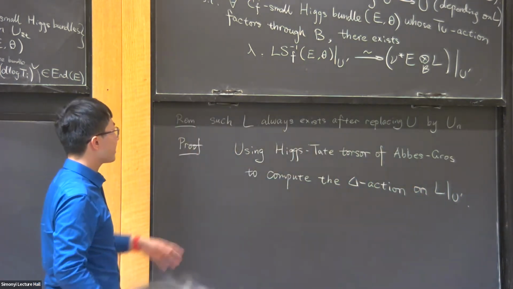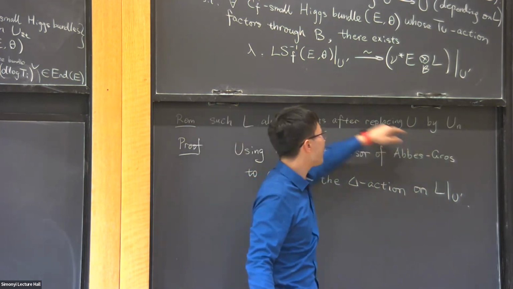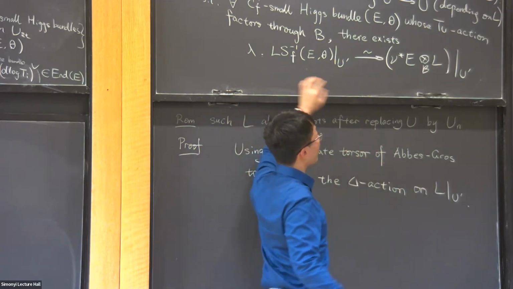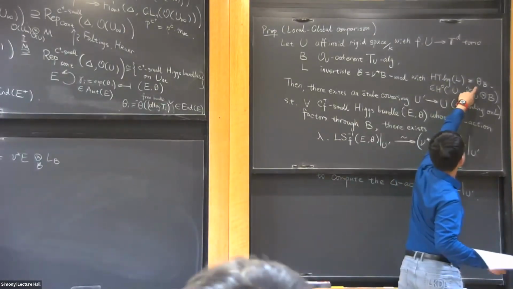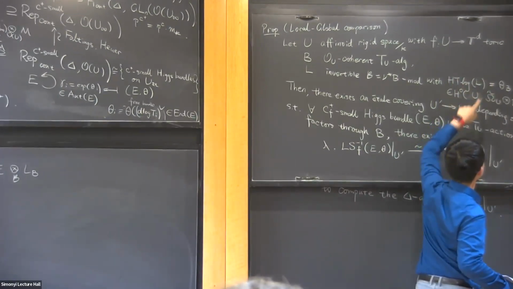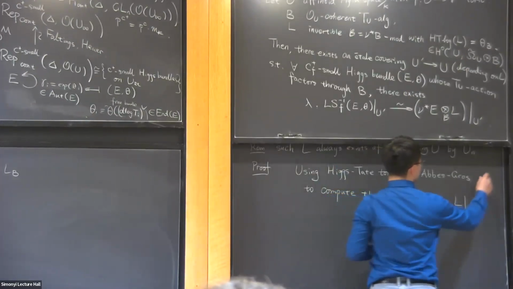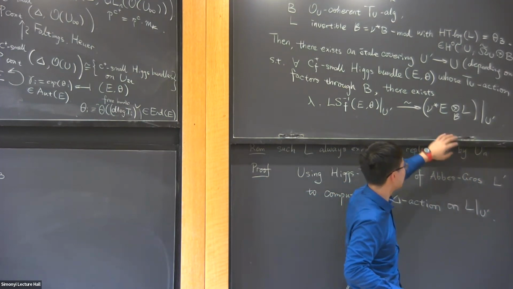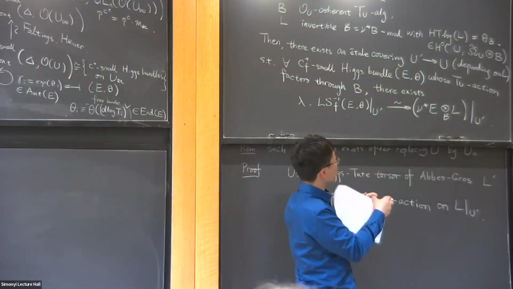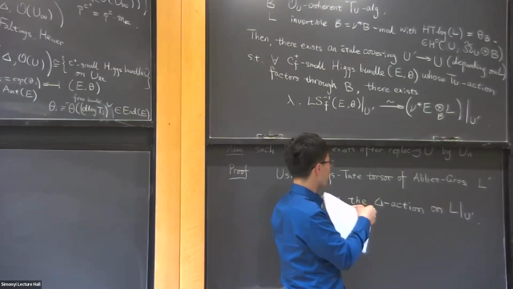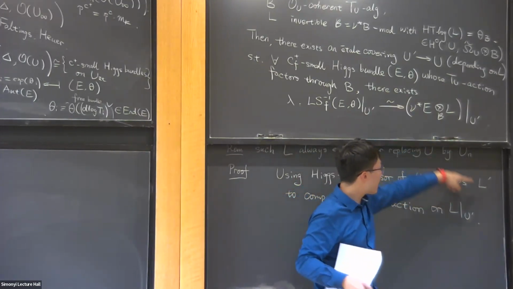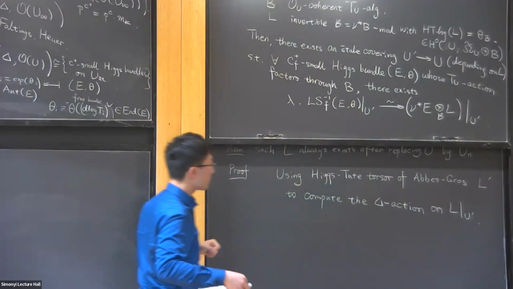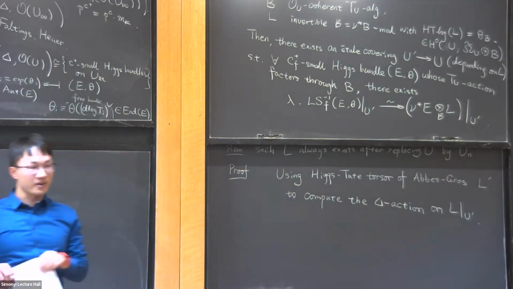In fact, you can replace U by U_n, then take the Higgs-Tate torsor of Abbes-Gros. It gives you a splitting of the Hodge-Tate map, so you will get an invertible B-module L', and you will see that L' and L are ideal locally isomorphic to each other, so that by replacing L by L', you can get this explicit computation of L', so you will get this comparison.